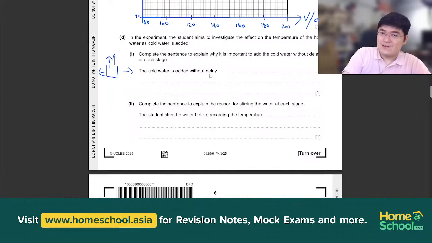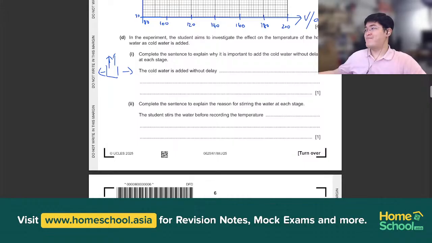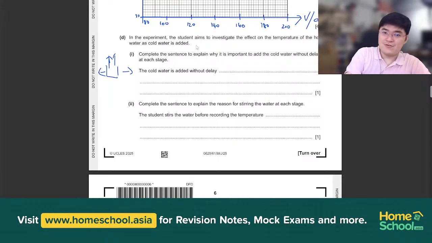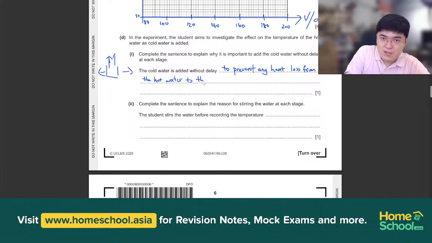So the cold water is added without delay to prevent heat loss, any heat loss from the hot water to the surroundings.